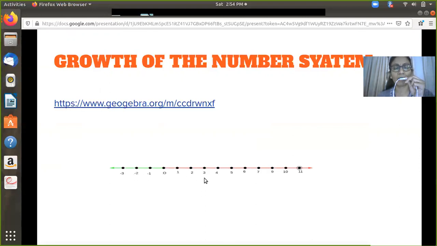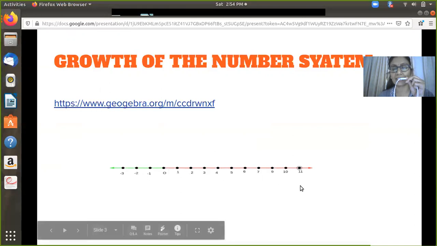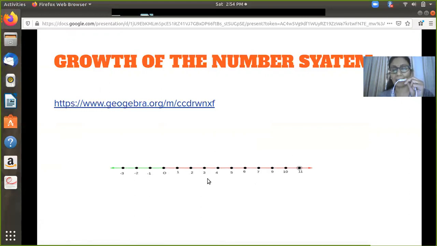So this is how our number line has grown so far. We have the 0 at the center of the number line with the positive integers on its right and the negative integers on its left. But as we see the number line, we are definitely seeing that there are numbers existing between these positive integers and the negative integers.